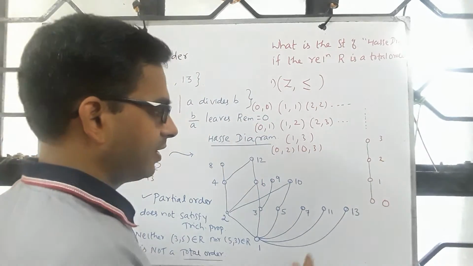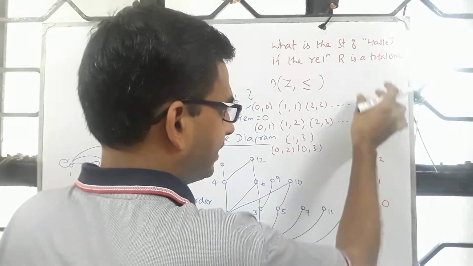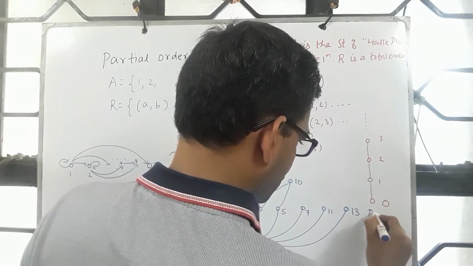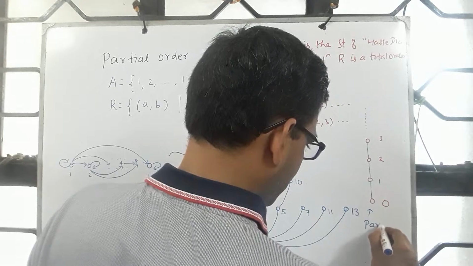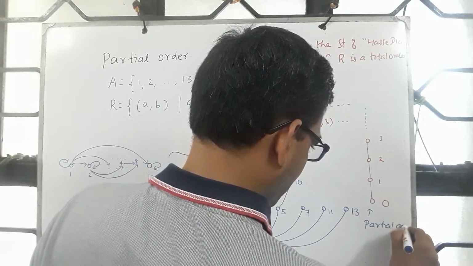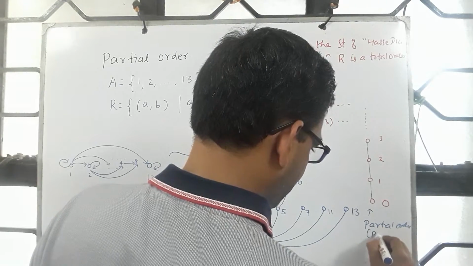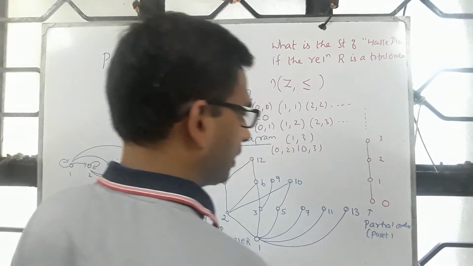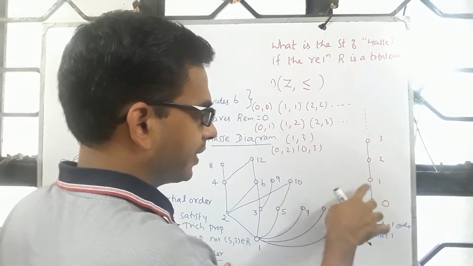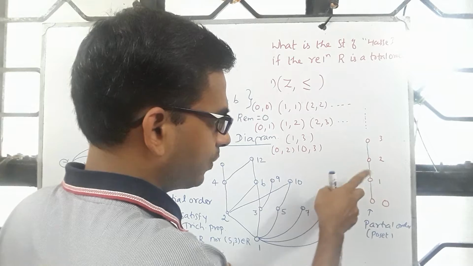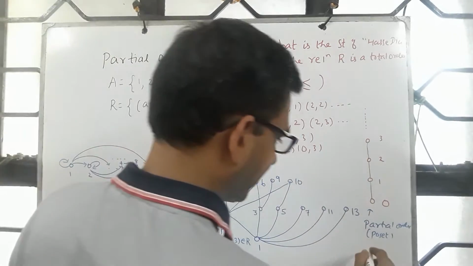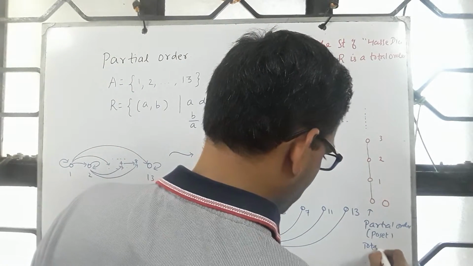Now you see that this one is a partial order, or the underlying set is a poset. You look at any two elements, you see that one element is above the other, which means they are related. So this is also a total order.